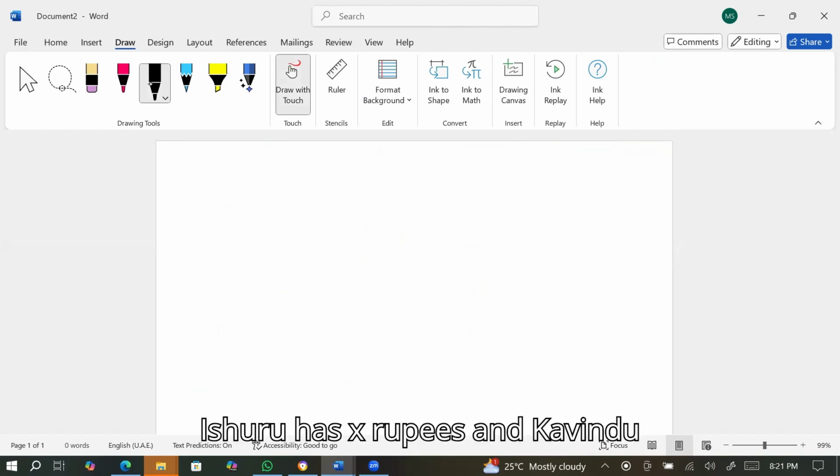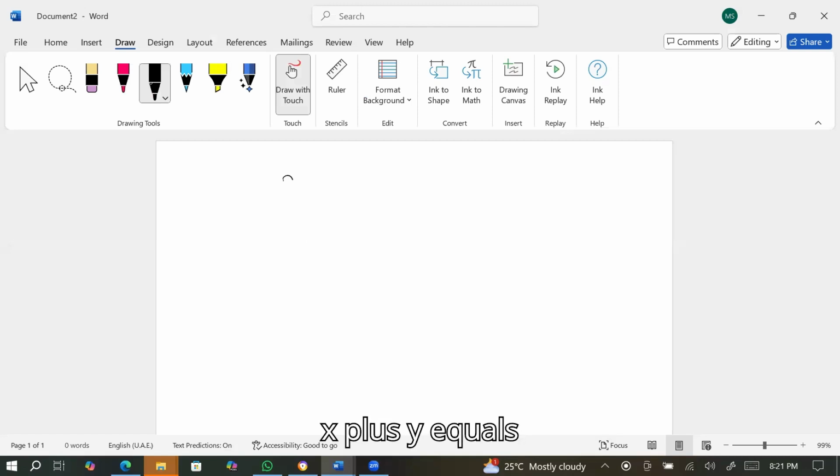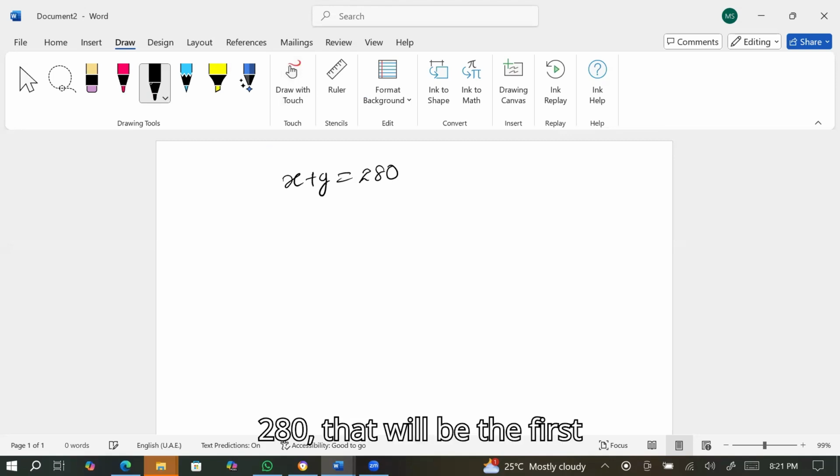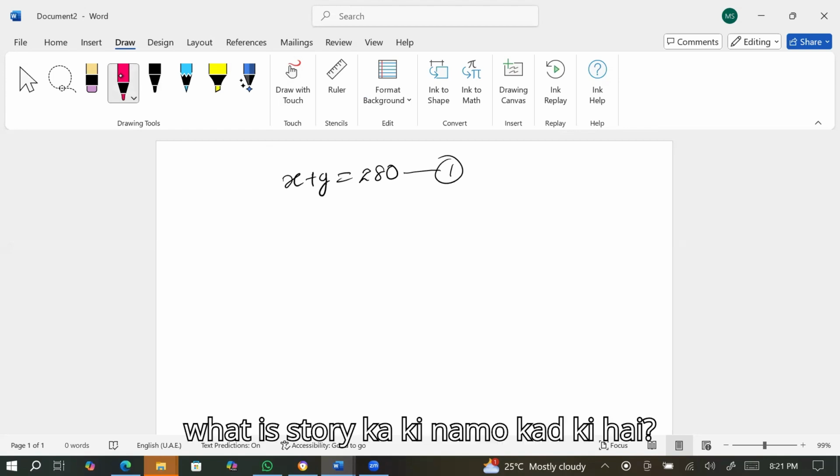Isuru has X rupees and Kavindu has Y rupees. So the total amount will be X plus Y equals 280. That will be the first equation. Then there is a small story.